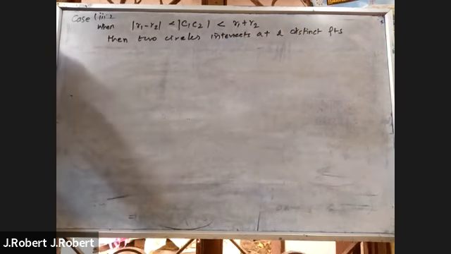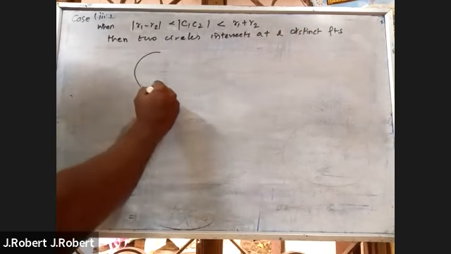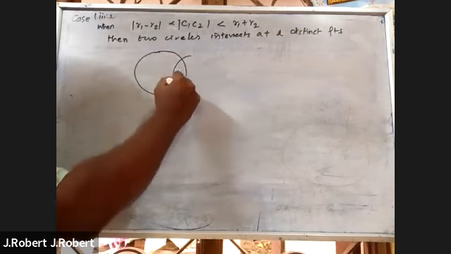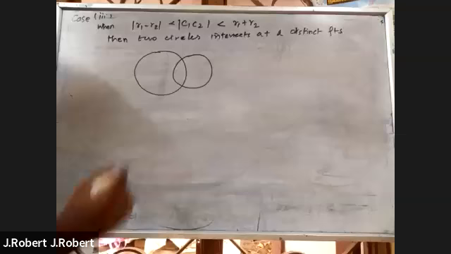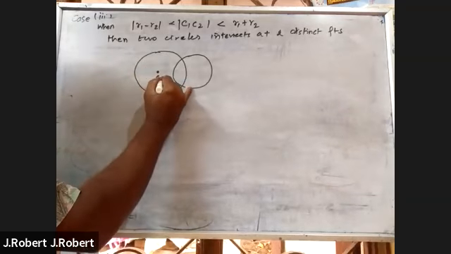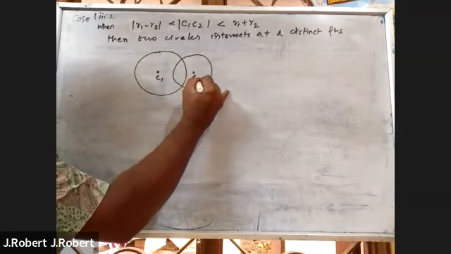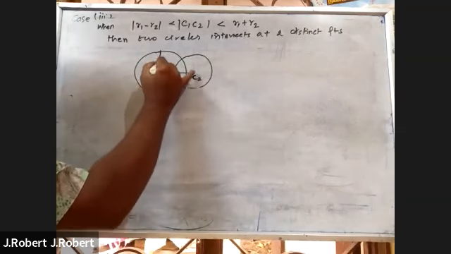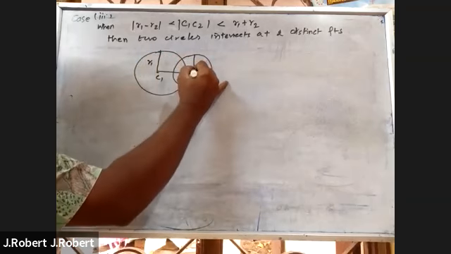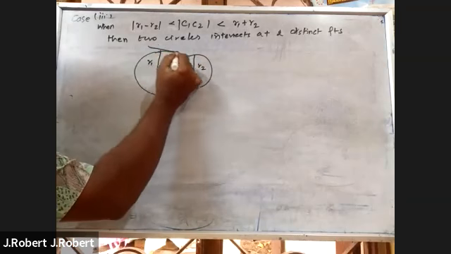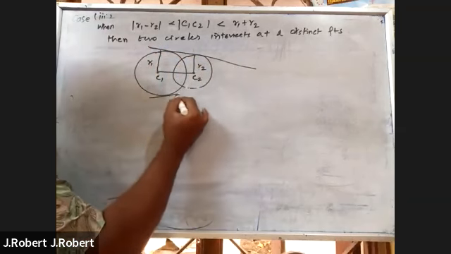Okay, when R1 minus R2 is less than modulus of C1 C2 is less than R1 plus R2, then the two circles intersect at 2 points. இப்போ நான் உங்களுக்கு டயகிராம்லாம் எப்படி எக்ஸ்பிளைன் பண்றேன்னு பாருங்க. So we take the first circle and the second circle. This is the center of first circle, this is the center of second circle, C1 C2, this is the radius R1, this is the radius R2. Now we can draw a common tangent.